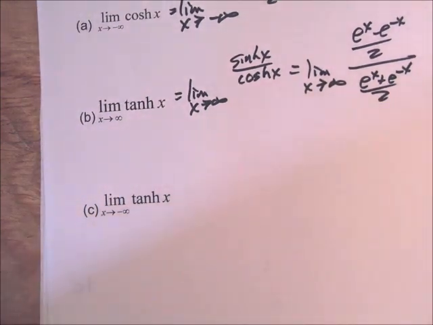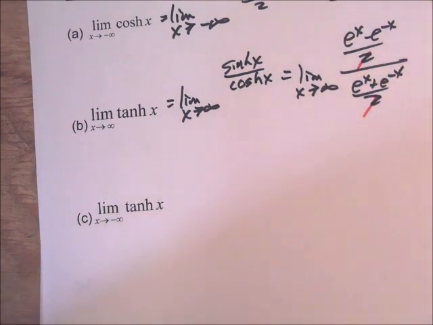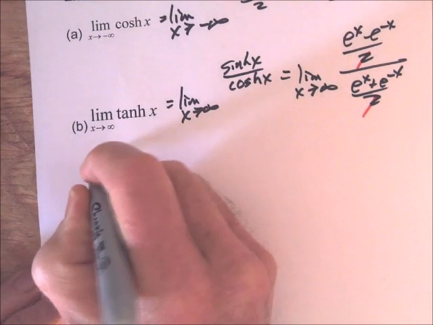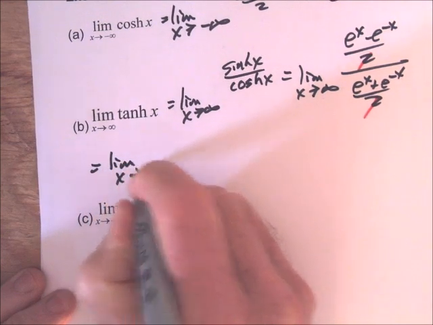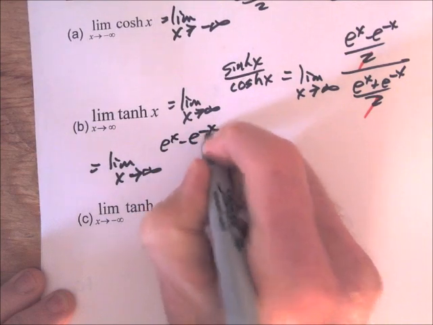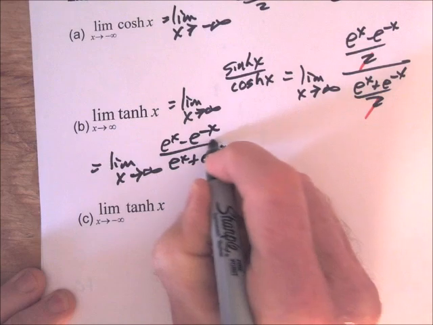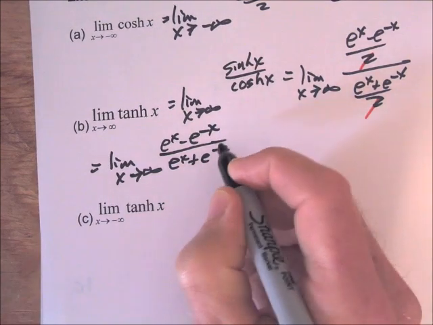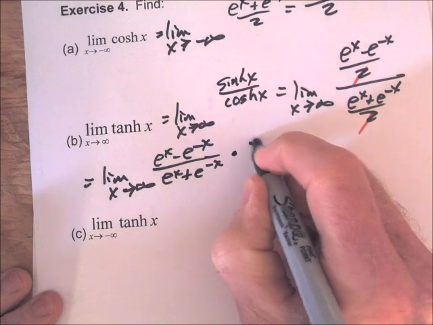So the 2's will cancel, and so we'll have the limit as x goes to infinity of e to the x minus e to the minus x over e to the x plus e to the minus x. Now this is indeterminate of the form infinity over infinity, but let's multiply top and bottom by e to the x.